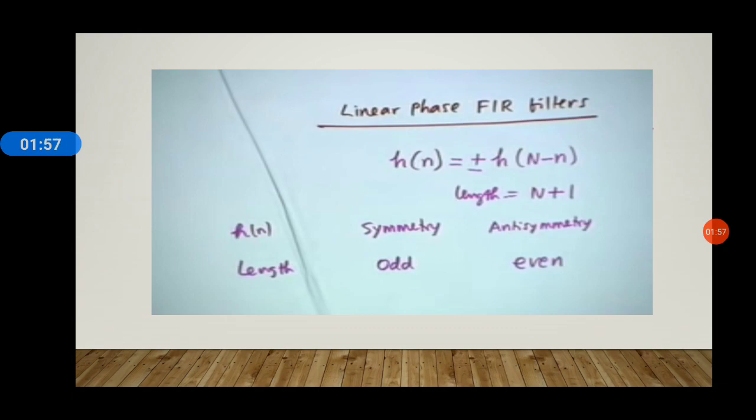Here there can be 4 cases depending upon the conditions of h[n] and the length. h[n] can be symmetric or antisymmetric, whereas length can be either odd or even. So there can be 4 cases: h[n] symmetric, odd length; h[n] symmetric, even length; then again h[n] antisymmetric, odd length; and h[n] antisymmetric, even length.